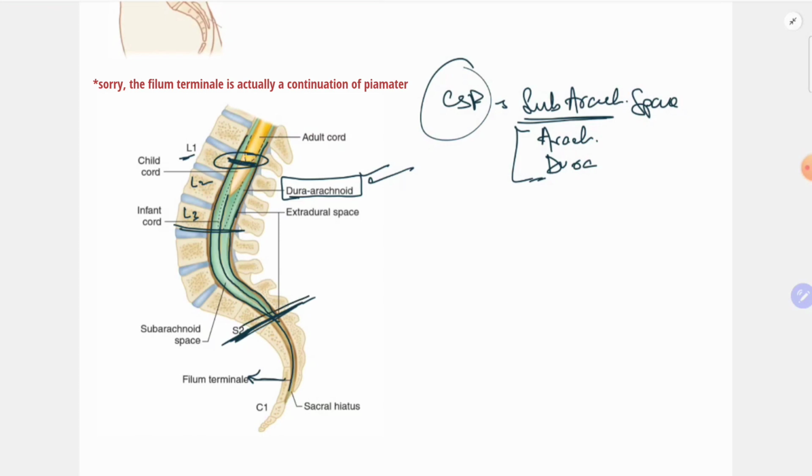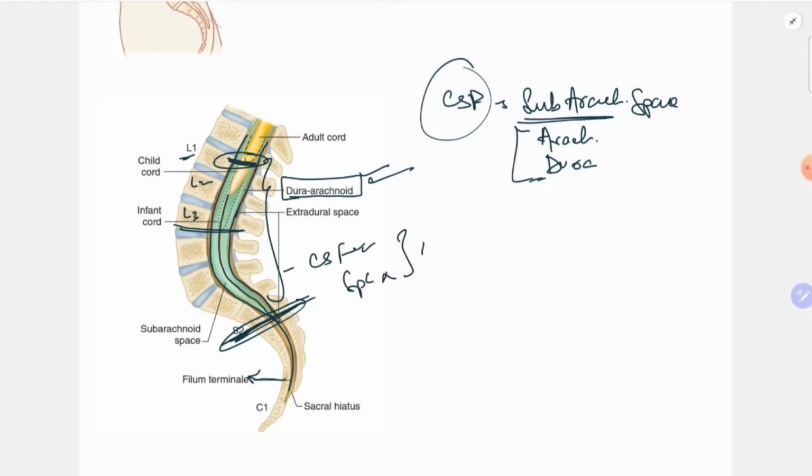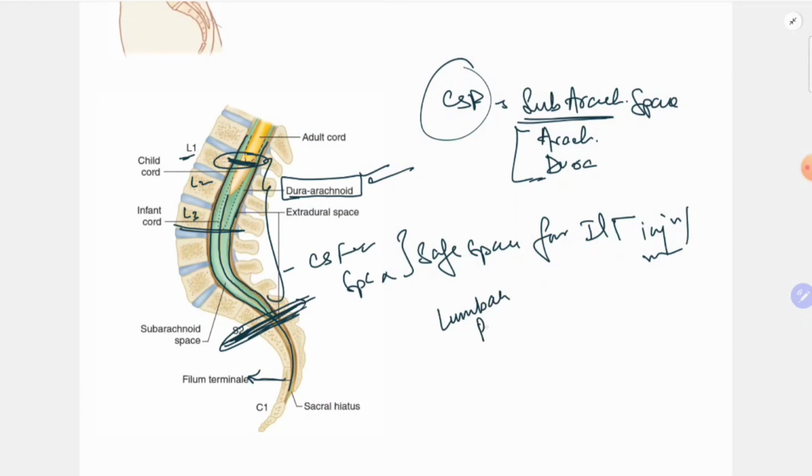But the CSF is present up till S2. So this is the part where we have CSF but no spinal cord. This becomes a safe space for any intrathecal injection maneuvers or any procedure that we need to do. Where we exploit this is usually when the conventional approach is lumbar, right? We do a lumbar puncture, but there is one sacral approach as well.